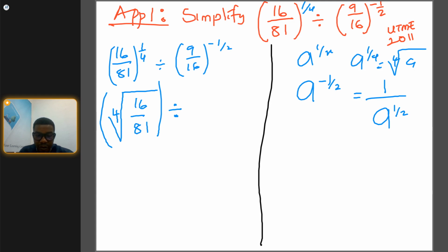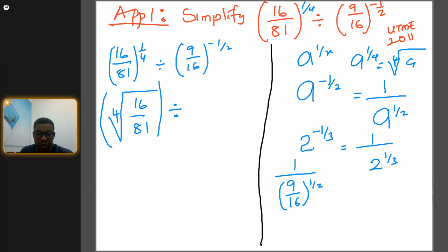So if I have 2 raised to power minus 1 over 3, it means 1 over 2 raised to power 1 over 3. Because of this minus, we have to introduce 1 over. So to solve this, we are just going to look for the inverse. I can take the inverse of this number, then give it the square root. I will say 1 over 9 over 16, close bracket, raised to power 1 over 2.